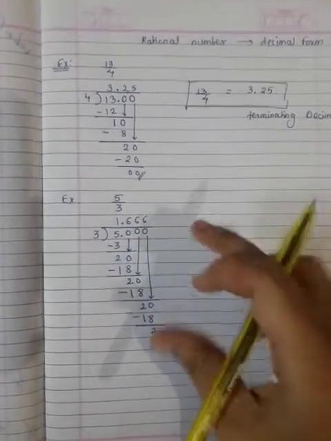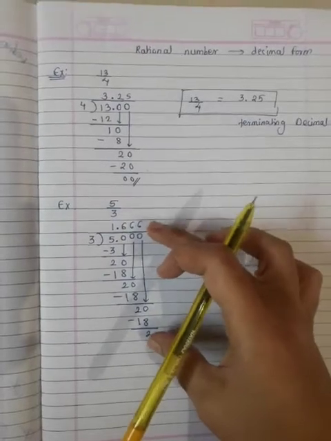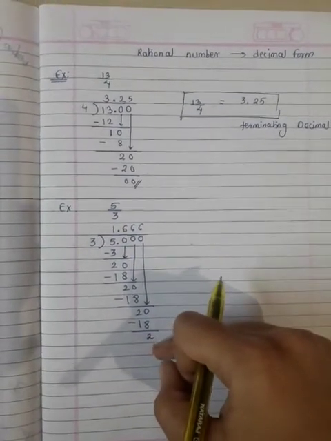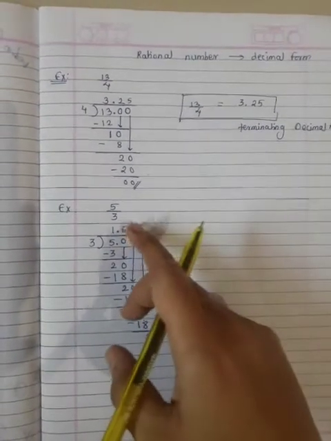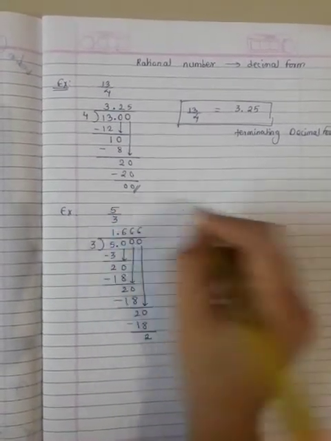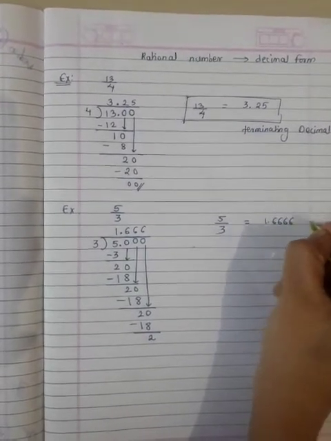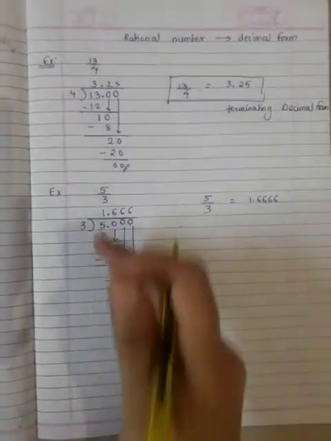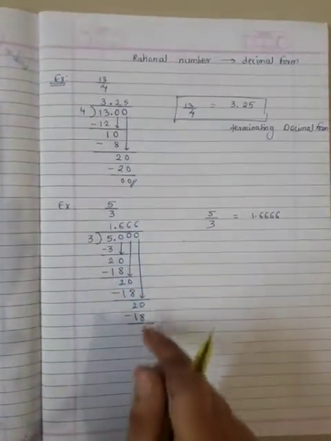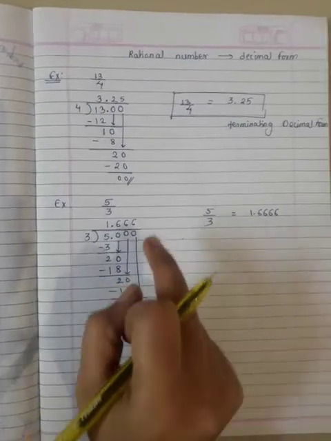So in this case we don't have remainder 0, and 5 by 3 can be written as 1.6666; you can write many 6s, because if you continue this process you get remainder 2, and in the quotient the number 6 is repeated.